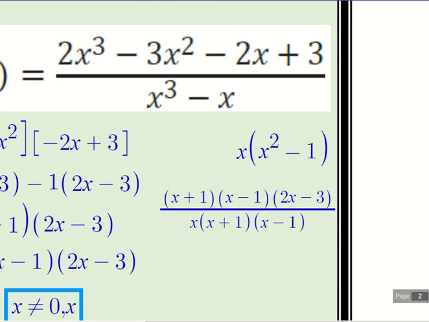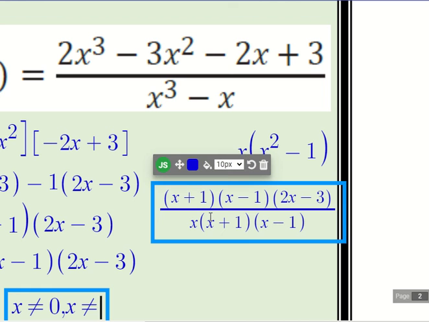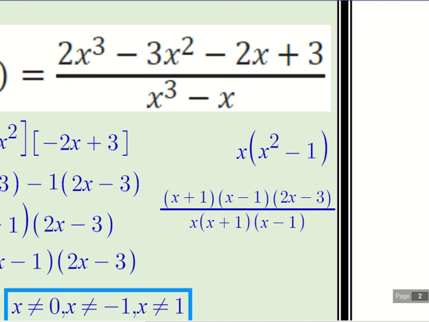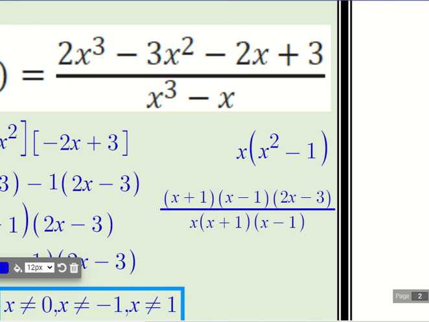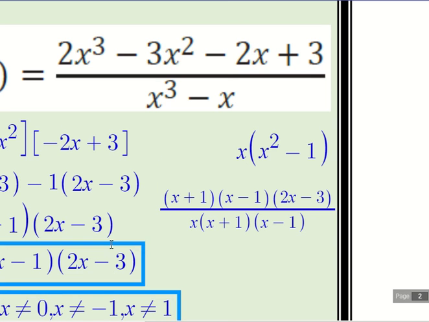X also cannot be negative 1 because I have x plus 1 in parentheses. And finally, x cannot be positive 1. So before I do any simplifying, we establish what x is not allowed to be.